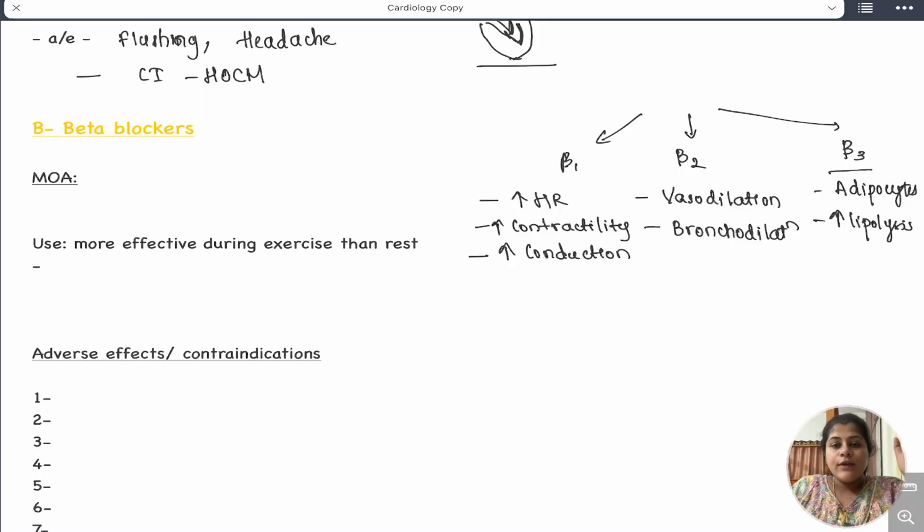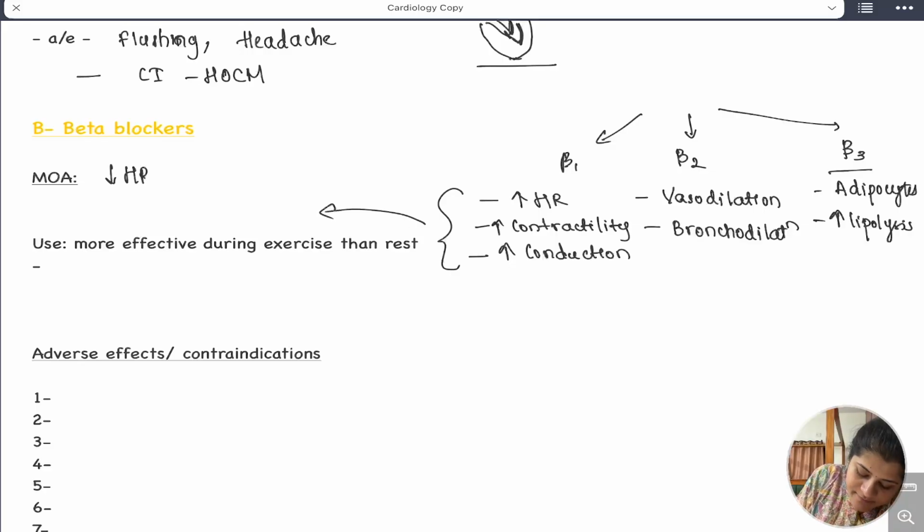Now, if you block beta, what happens? That is the mechanism of beta blockers. The reverse happens, right? When there is blockade of beta receptors, there is reduced heart rate, reduced contractility, and also reduced blood pressure.